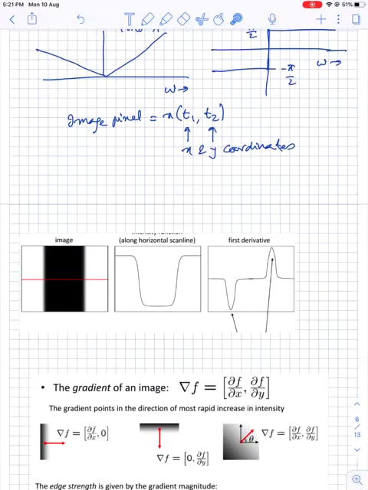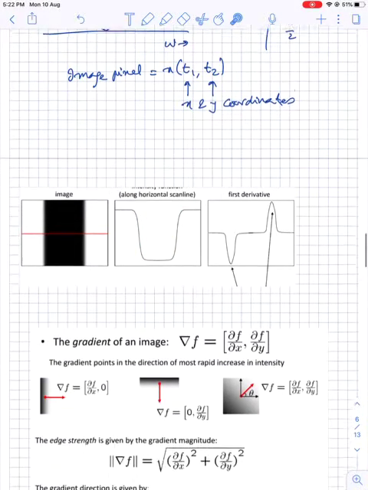So if you give this signal as input to a differentiating filter, you will see that it passes only the high frequencies. Only these portions are passed, because only this part and this part are the high frequencies. This part is nothing but the start of the edge, and this is the end of the edge.